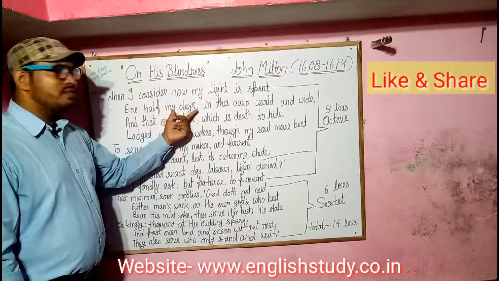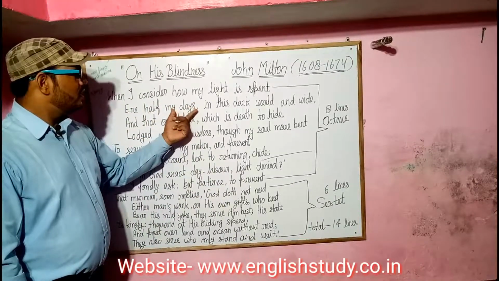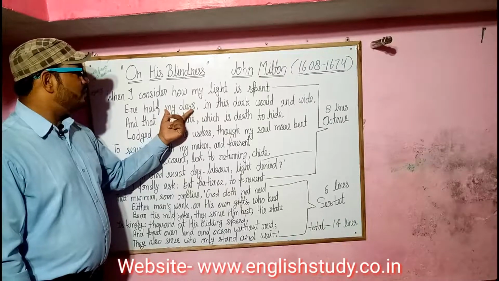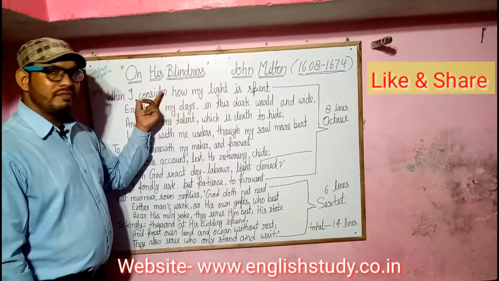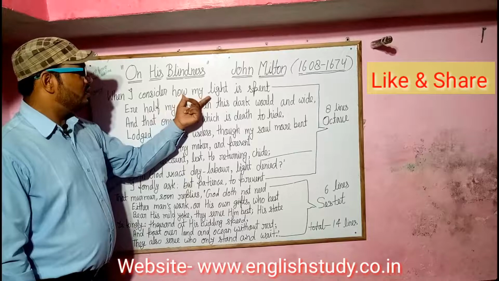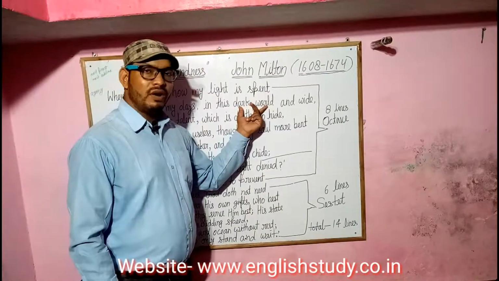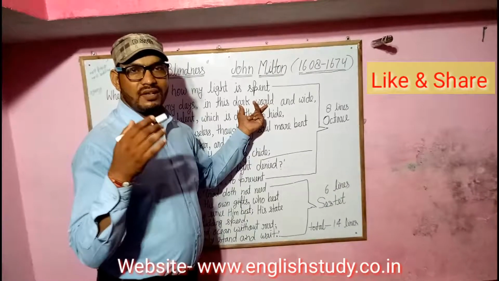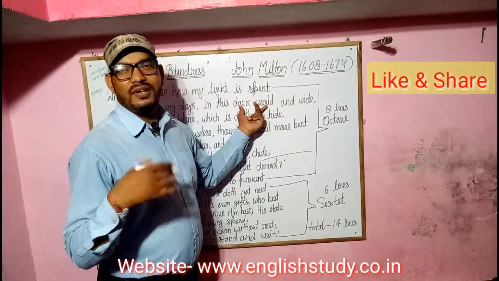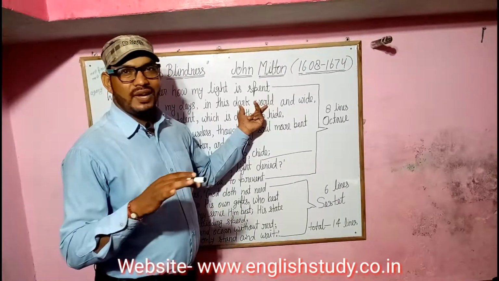"Half my days" means half my life. Milton is saying that before completing half of his life, he became blind, and that was unbelievable. In this dark world, after becoming blind, the world is already totally dark. There is no light.